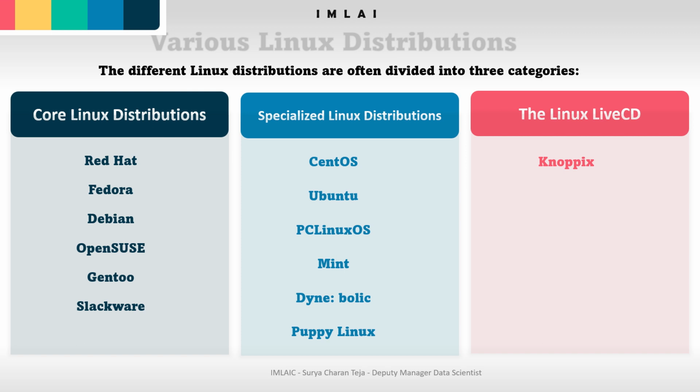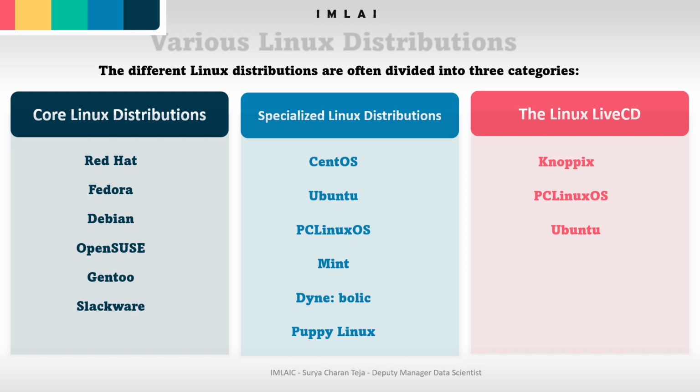So Knoppix, a German Linux, the first Linux live CD developed. Then PC Linux OS, a full-blown Linux distribution on a live CD. Then we have Ubuntu. Ubuntu Live CD is also available, a worldwide Linux project designed for many languages.